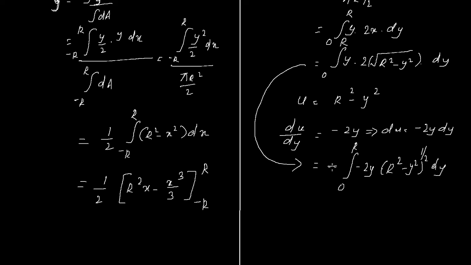So you cancel the minus and minus, so you have a positive sign here. This is given just to equate du is equal to minus 2y dy. You have du minus 2y dy, and that term is here, and you have u equal to r squared minus y squared, so that term is here. So you can rewrite this equation as minus of 0 to r u raised to 1 by 2 du.